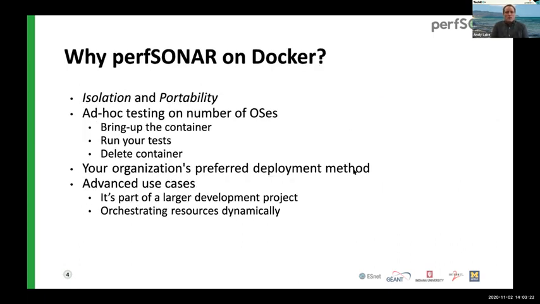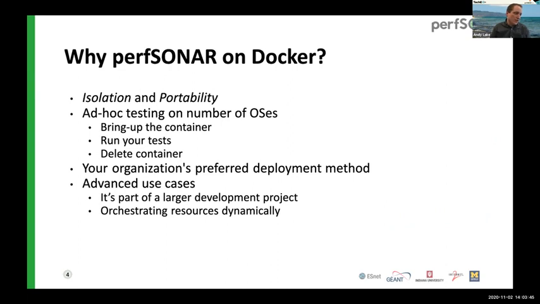So why would you want to run perfSONAR on Docker? I generally think of this as focusing on the simple cases. It's usually about isolation and/or portability. One nice thing about Docker is the container basically carves out a piece of the system for you, and all the libraries and everything like that are isolated from the rest of the system.